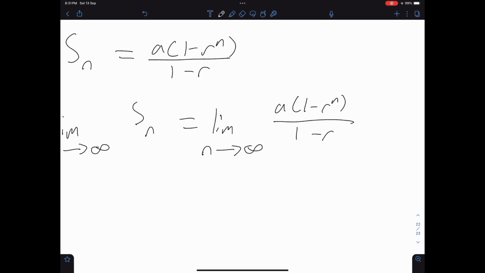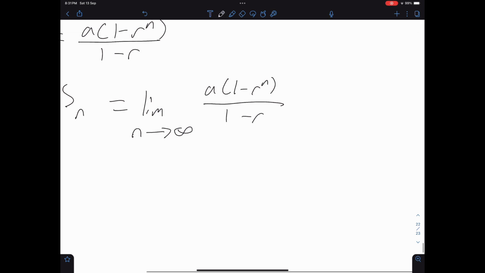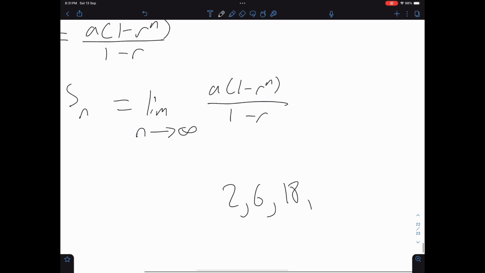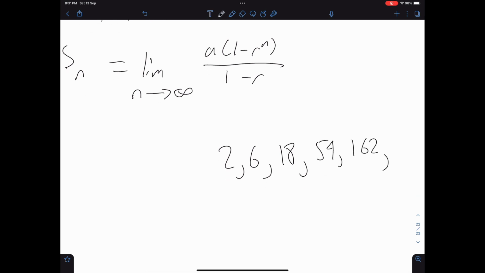Now let's consider two cases. One goes like this: let's say 1 with a common factor of 3. 2 and a common factor of 3: 2, 6, 18, 54, 162, 486.